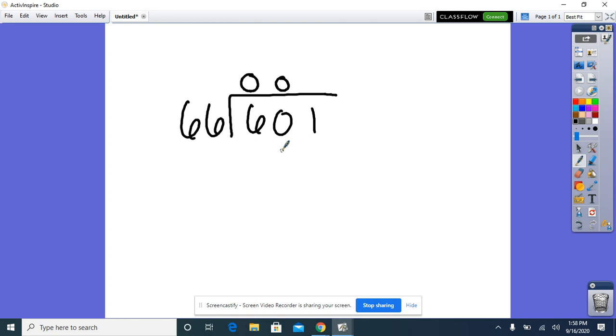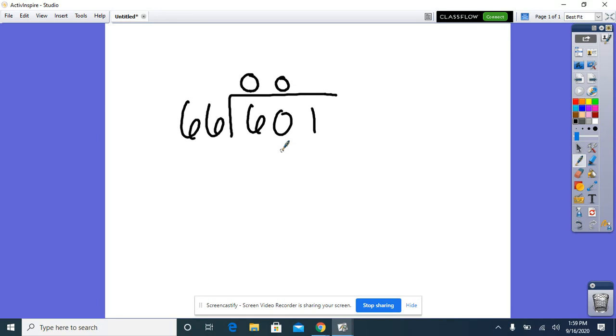That is a little hard to just figure out in your head, so you have to think about it using repeated addition. I could sit here and add 66 up and count how many times I've added it until I get over 601 and then go back down 1. Or I can guess and check with multiplication.